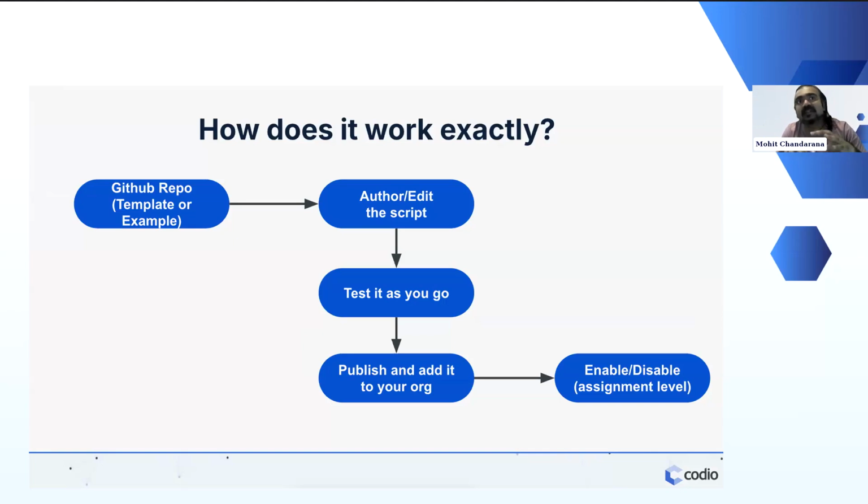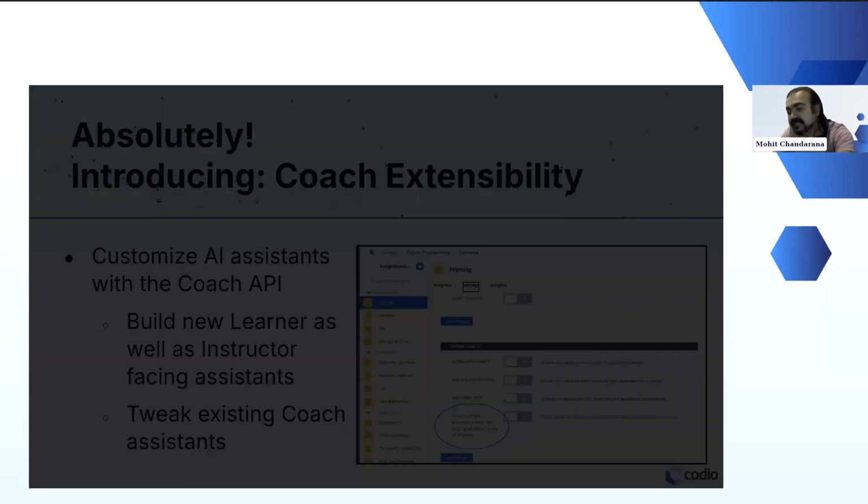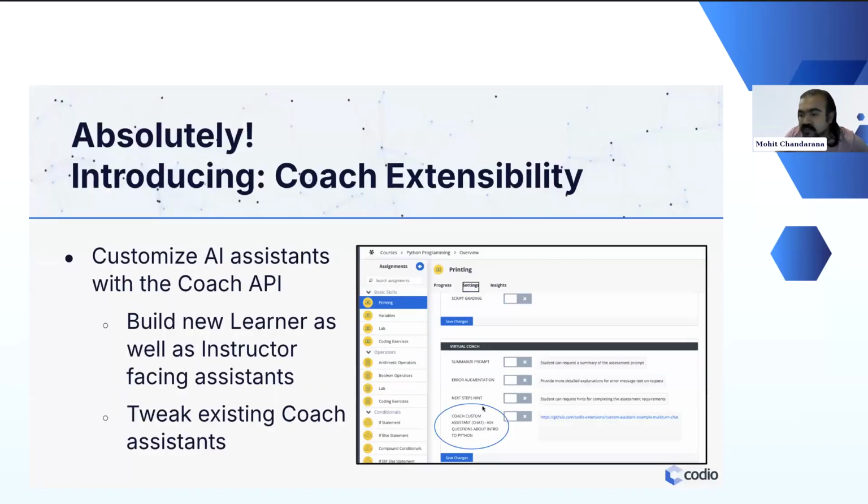You either take the example as is, plug and play, and add it to your organization, or you can go to edit mode, author your own, edit the script, and test it as you go with our development mode feature. And then once you're happy with it, you can publish it and add it to your organization, and it will show up like any other assistant right under the virtual coach settings for each assignment as your custom one.